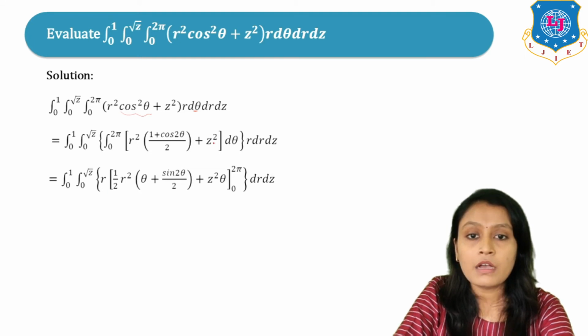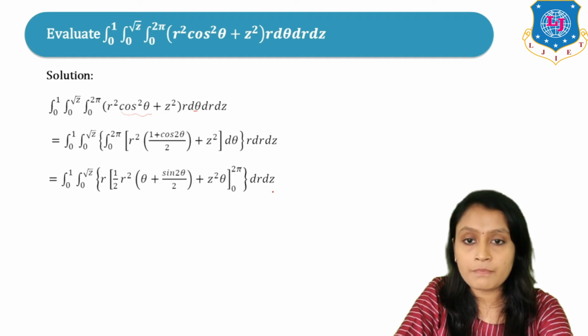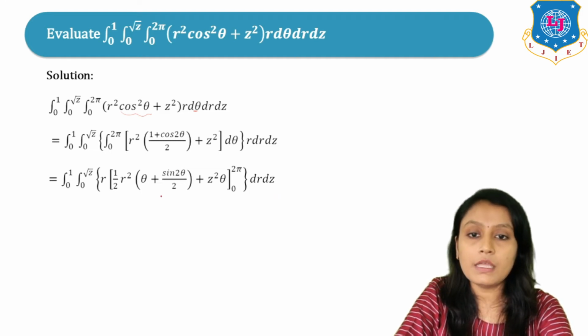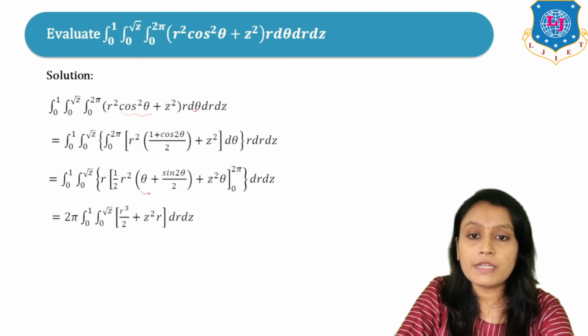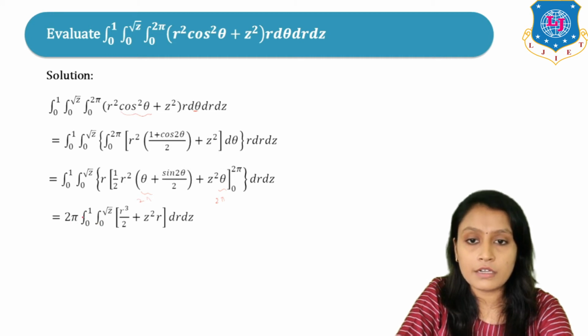Now z square is constant, so z square d theta gives z square theta, and the limits are 0 to 2 pi, with dr dz as it is. Now we substitute the limit: in place of theta we substitute 2 pi, so here you will get 2 pi, and here also 2 pi, so this 2 pi we have taken outside.